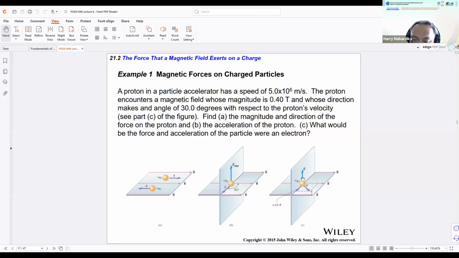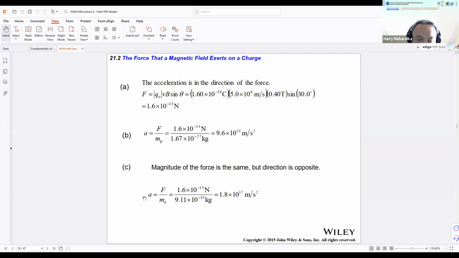In the proton case, we have a force pointing upward. If we replace it with an electron, the force will act downward. But what about the acceleration? The acceleration, again, will be computed with the mass of the electron, and the mass of the electron is smaller compared to the mass of the proton.